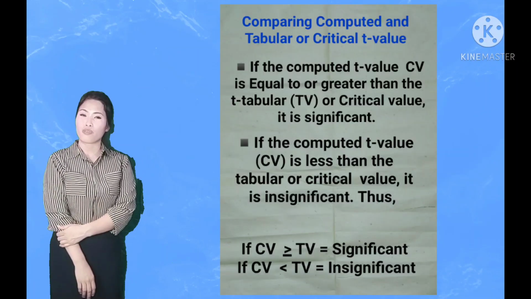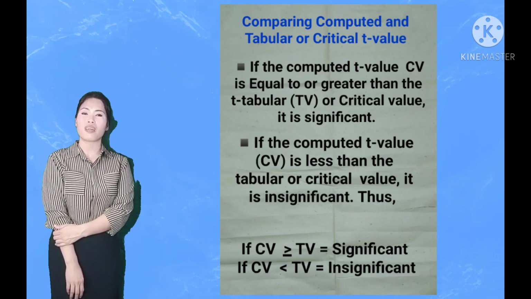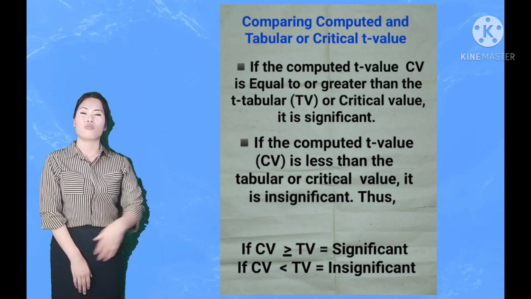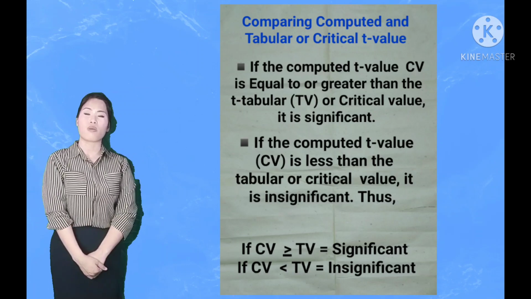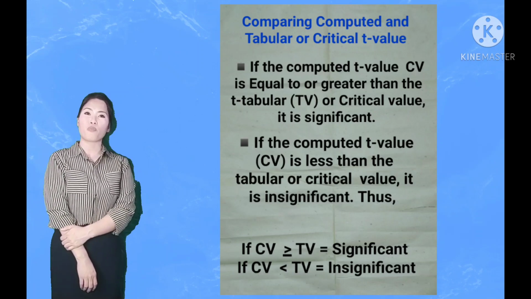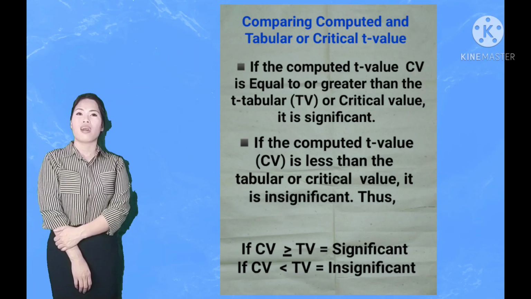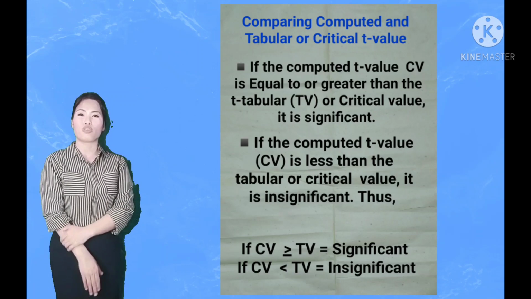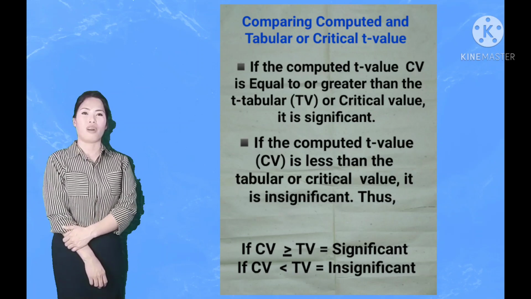So maybe you are confused on how we get this significant here. On comparing the computed and tabular or critical value, we need to consider these two things. It is significant if the computed t value is equal to or greater than the tabular or critical value.